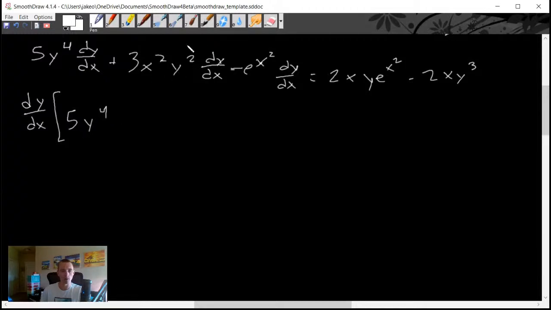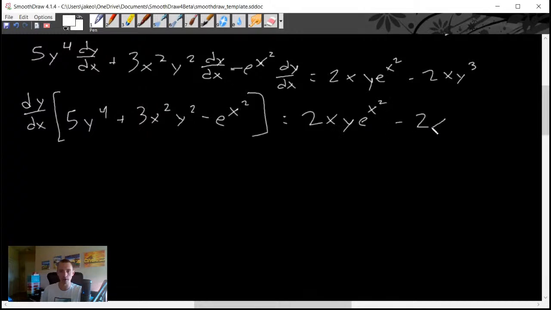If we take the dy dx out of this term, we will be left with plus 3x squared y squared. And then if we take the dy dx out of this term, we'll be left with minus e to the x squared. Okay. The non-dy dx side of the equation is not going to be impacted by that because all we've done is factor something out of one side of our equation.